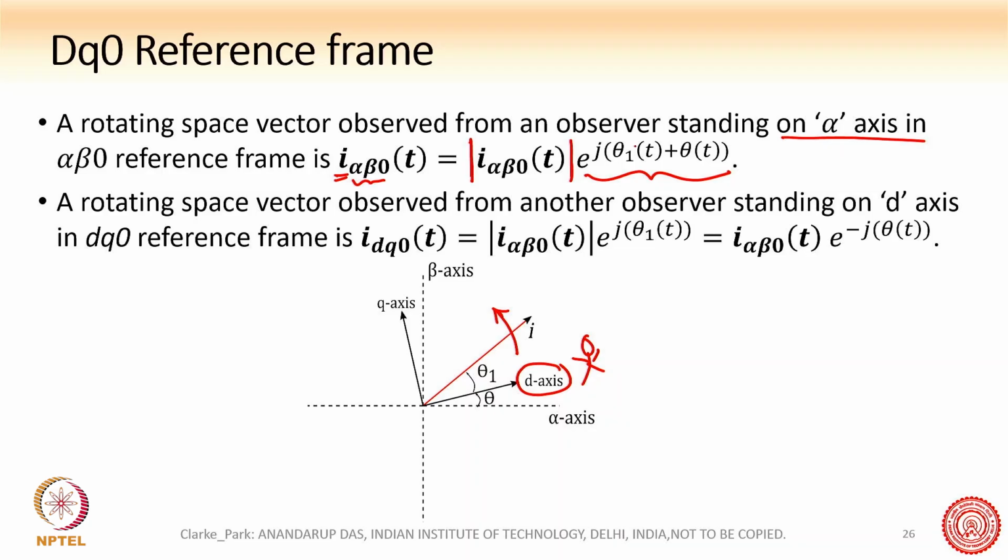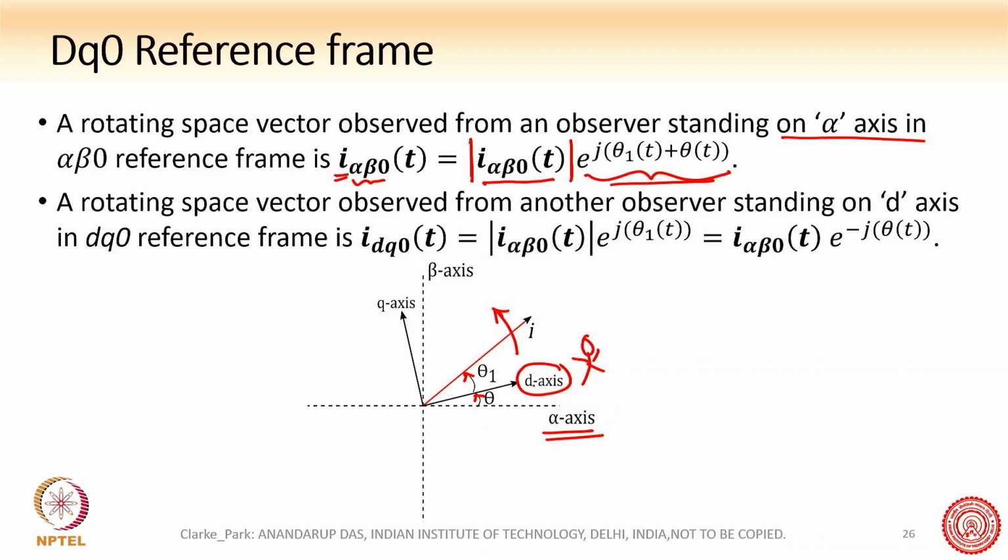It is e to the power j (theta 1 plus theta). These are the two angles here, theta and theta 1. So if I stand on the alpha axis and observe the rotating vector, I write I alpha beta 0 as the magnitude and e to the power of the angle between them.